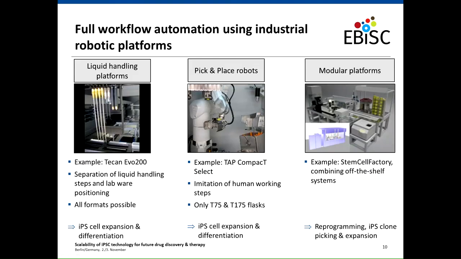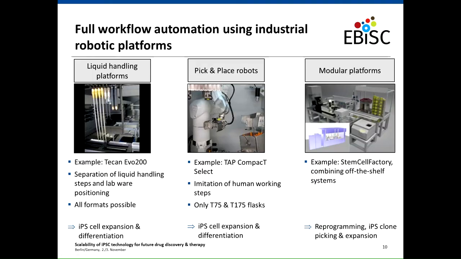These systems are not so flexible in the format. Usually you can only use T75 and T175 flasks, so they are not combinable with cell culture plates. Both systems can be used and are already used for iPS cell expansion and also for differentiation protocols.